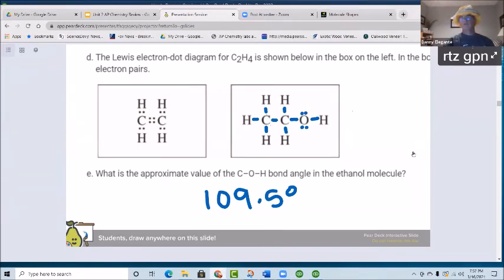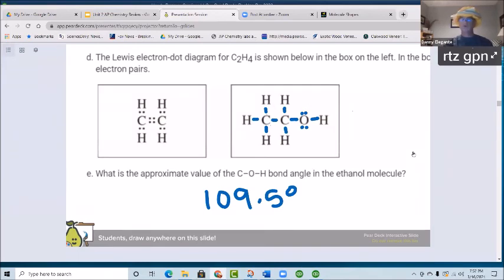So when you have 2 bonds and 2 lone pairs, then that geometry is going to be bent or angular. And it means that the bond angle is going to be somewhere around 109.5. Now, I'm going to go ahead and argue with you and say that it is not 109.5.